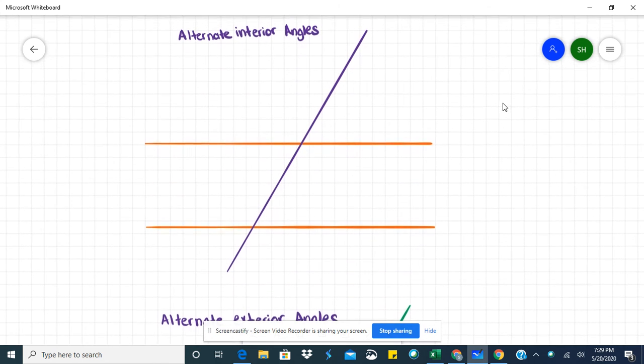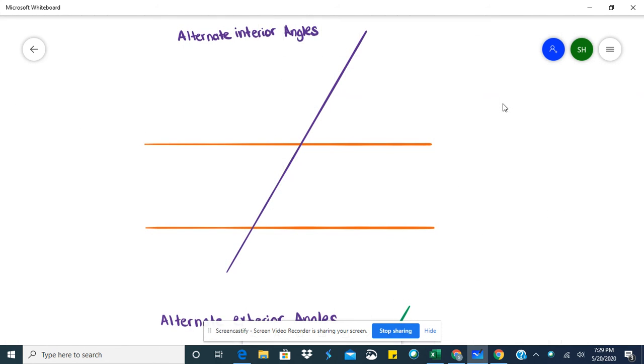Roll on down. We have alternate interior angles. Alternate interior angles, again, I'm going to label. So you have angle 1, angle 2, angle 3, angle 4, angle 5, angle 6, angle 7, and angle 8.